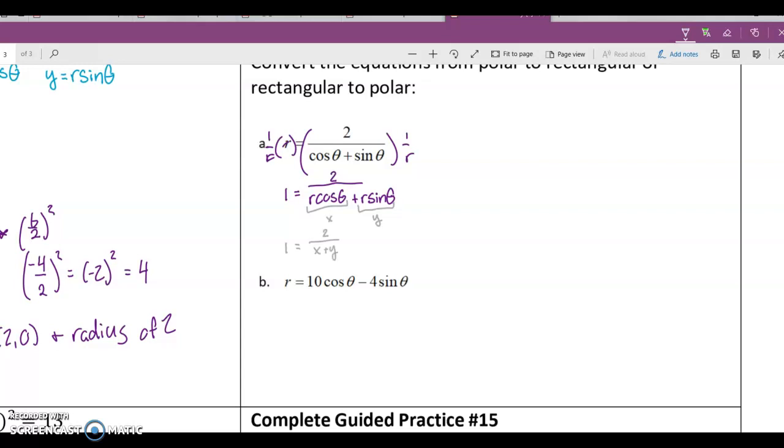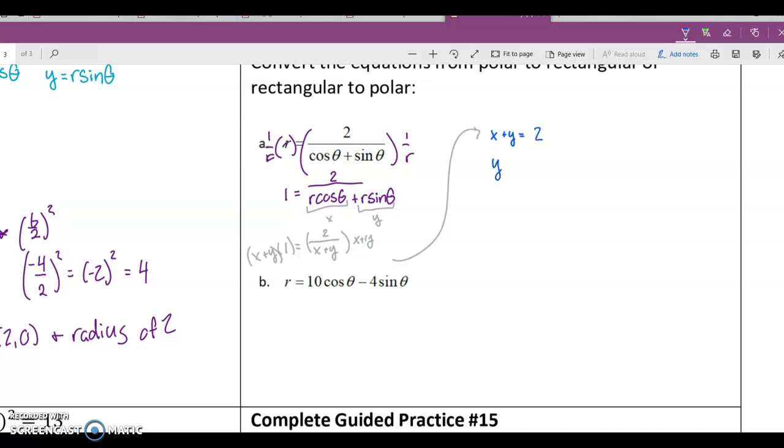Again, not super helpful, but if we multiply both sides by x plus y, we get that out of the denominator. I'm just going to move up here. So once we get that out of the denominator, we have x plus y is equal to 2.